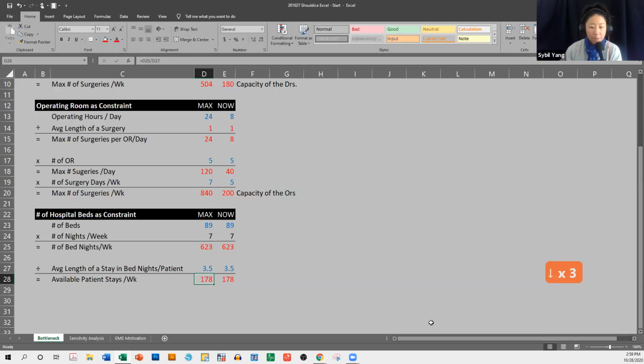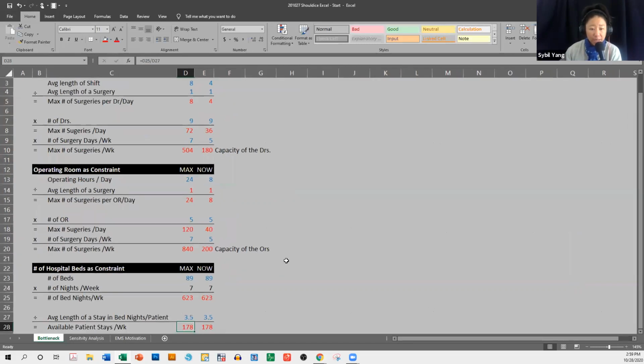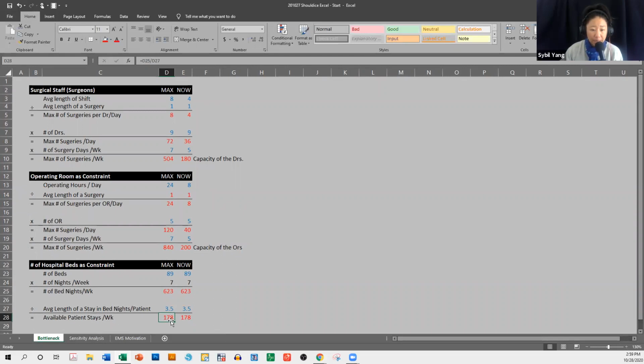But we can conduct 840 or 200 surgeries based on the number of operating rooms that we have. Our constraint is still the number of hospital beds, because we can accommodate fewer people in our hospital beds than in our operating rooms.